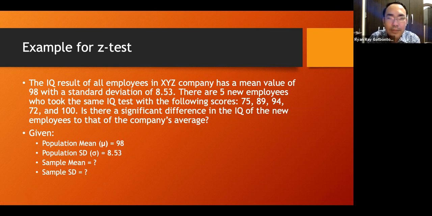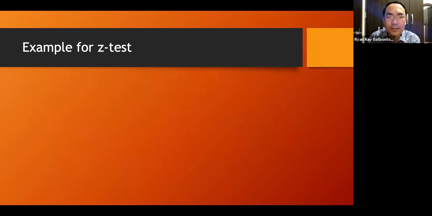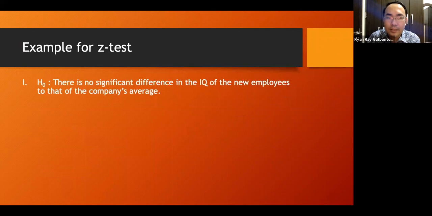If you compute manually for the z-test, it will require you to compute the mean of all these scores and the standard deviation of all these scores. Luckily, we will be using software, Microsoft Excel, to compute the test statistic value for us. Now let's proceed to the computation or to the hypothesis testing.